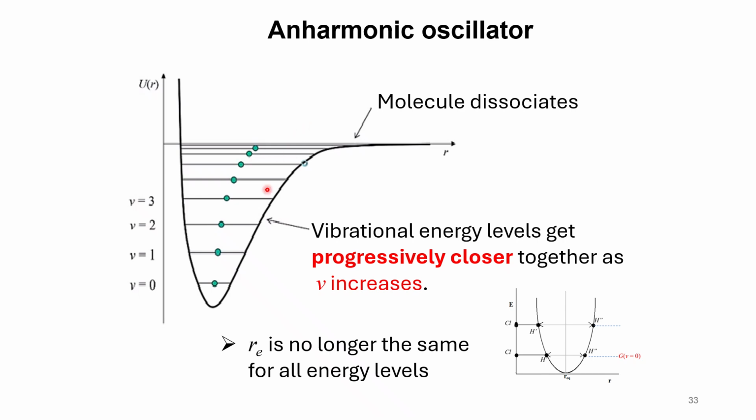Number three is that the R equilibrium in the molecule is no longer the same for all the energy levels, as deduced in the harmonic oscillator. So with these variations, we can observe the presence of multiple peaks in the vibrational spectrum.